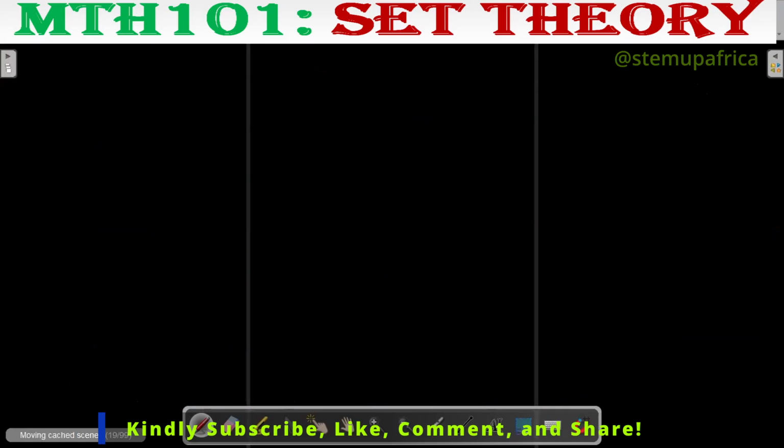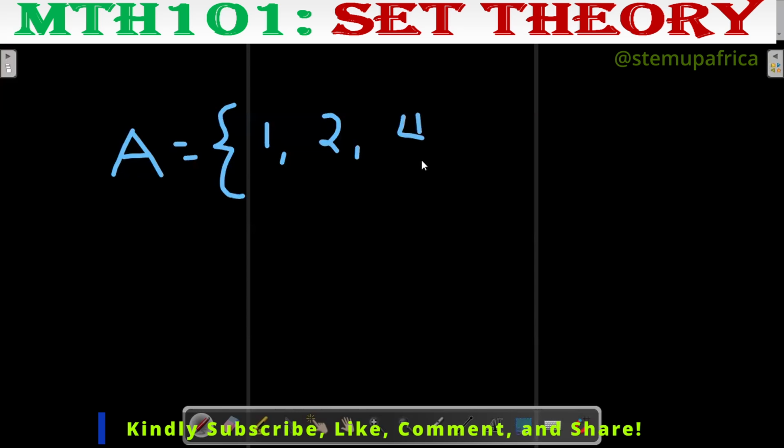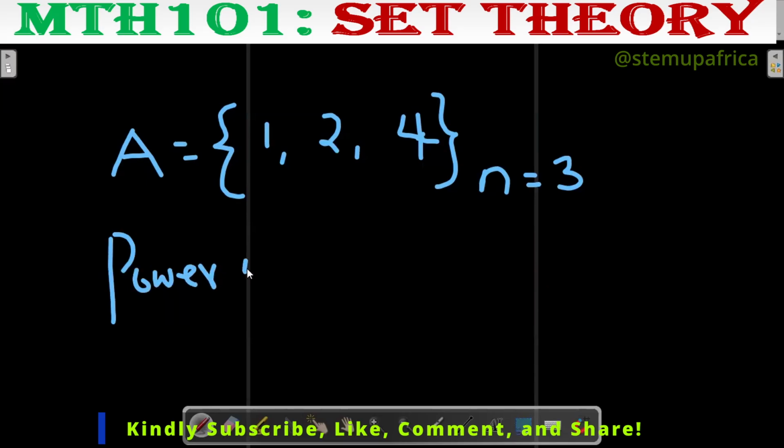For instance, if I have a set A, say set A is 1, 2, and 3. How many elements do we have in set A? 3. It means that your n is 3. So what is the power set now?